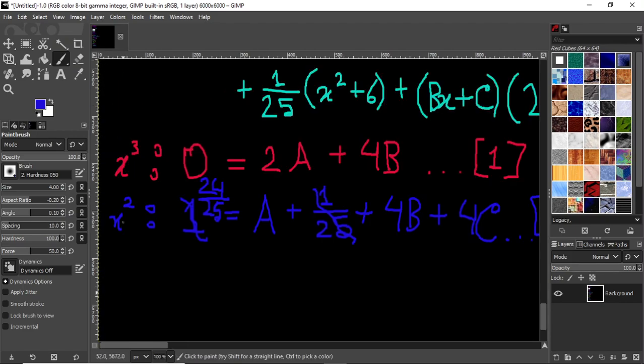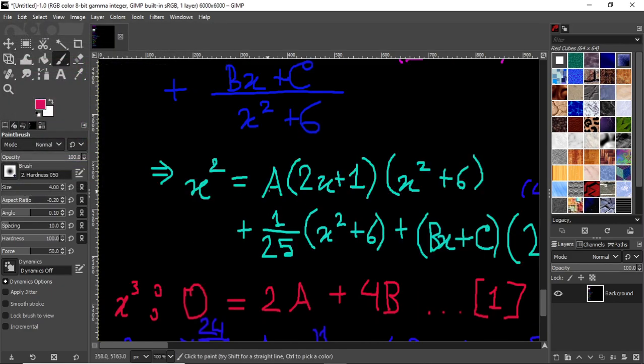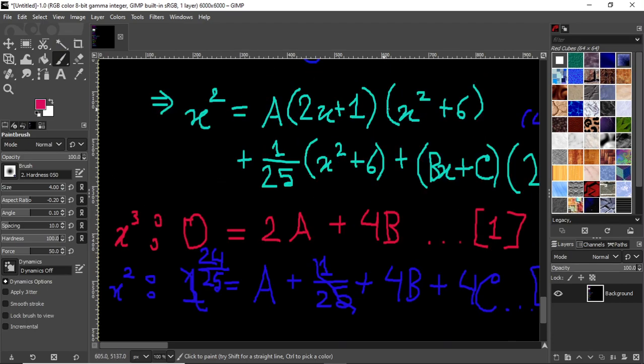And well, as I said, it doesn't mean that we need to stick to the same method over and over again. Let's try the thing that we did before. Let's plug in some value here, suppose x equals minus half to make this 0.